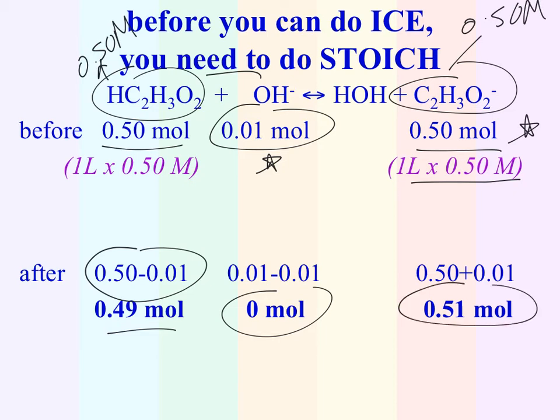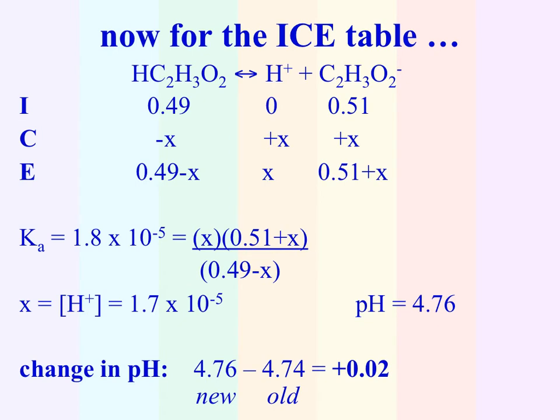Of course our acetate ion is going to increase, because we have removed a proton from the acetic acid using the 0.01 moles of hydroxide and subsequently produced more acetate ion.